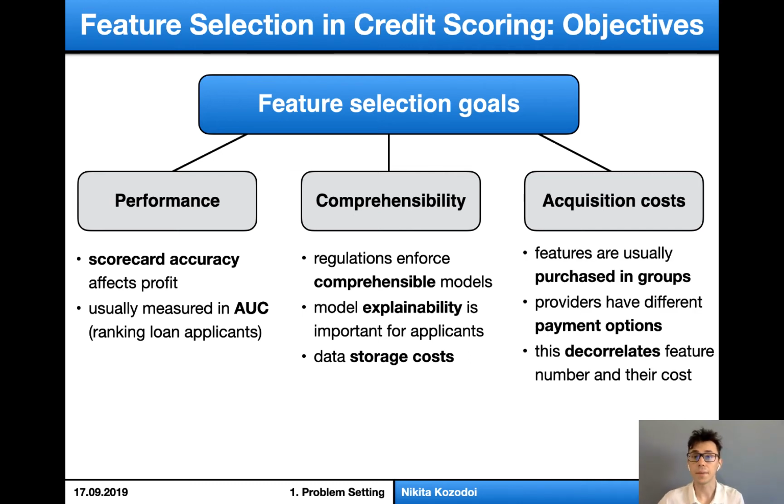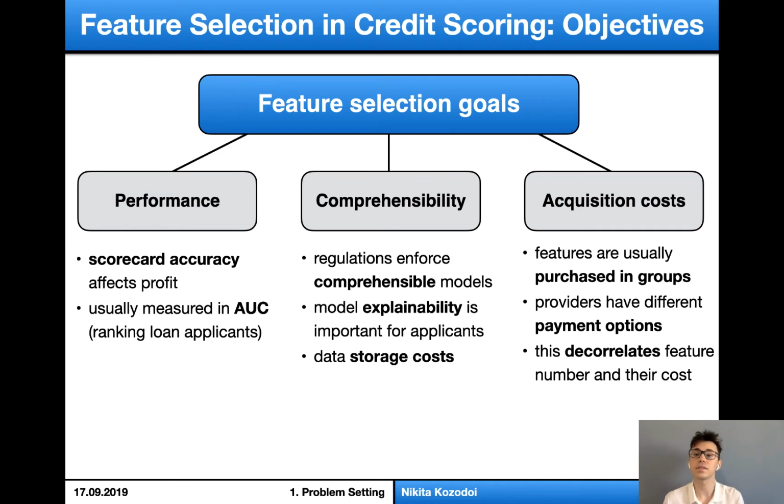A slightly different dimension is data acquisition costs. In practice, features are usually purchased in groups and not on an individual basis. For instance, if a financial company signs a contract with a credit bureau, they provide information about the applicant. It could be that you can extract multiple features from that information, but it is not the case that each individual feature needs to be paid for, given that the information about the applicant is already provided.